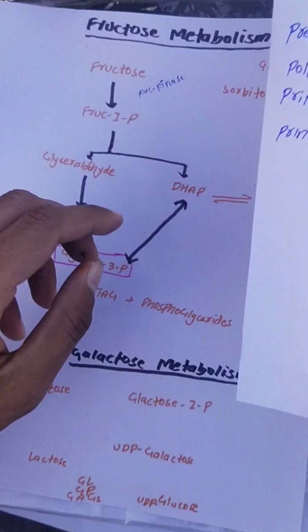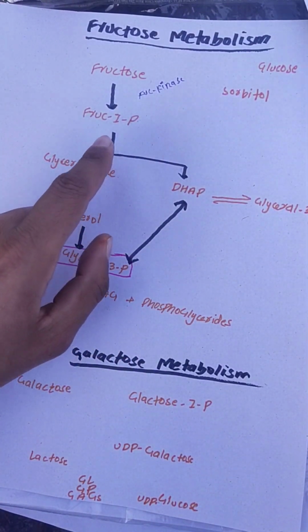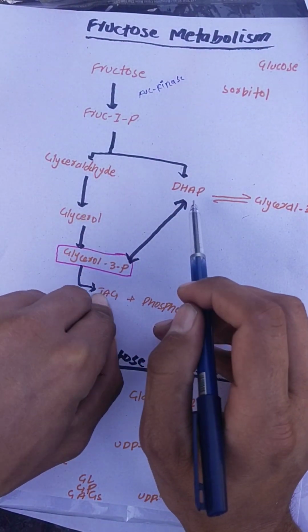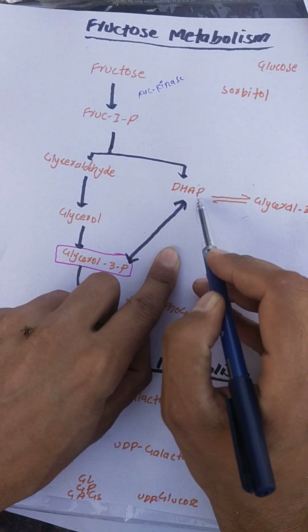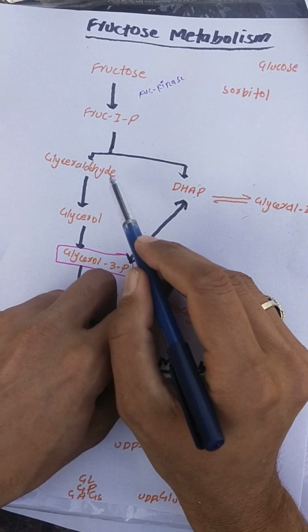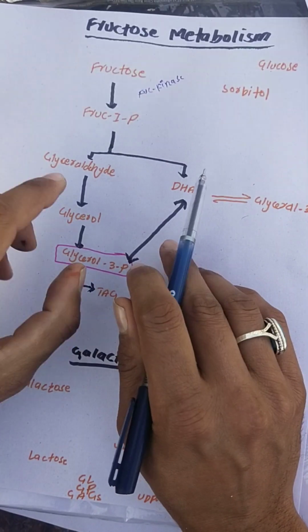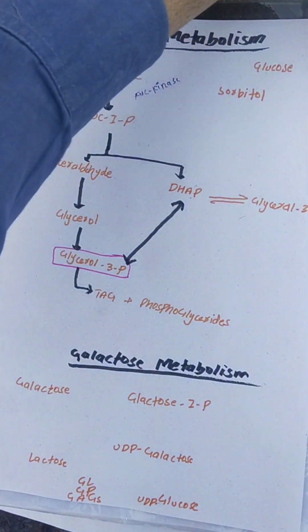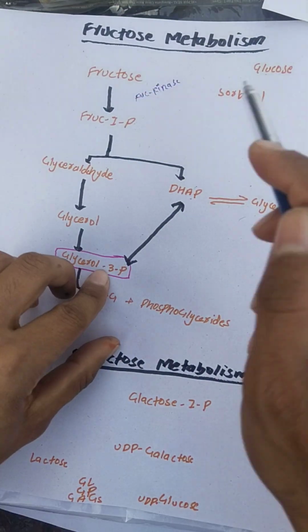So fructose 1 phosphate is converted into two compounds, glyceraldehyde and dihydroxyacetone. But here the phosphate is only attached to dihydroxyacetone, and glyceraldehyde has no phosphate. This reaction is different from glycolysis, and this is a very important step. Why?